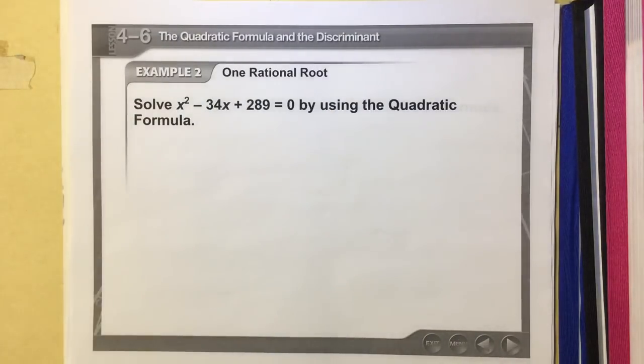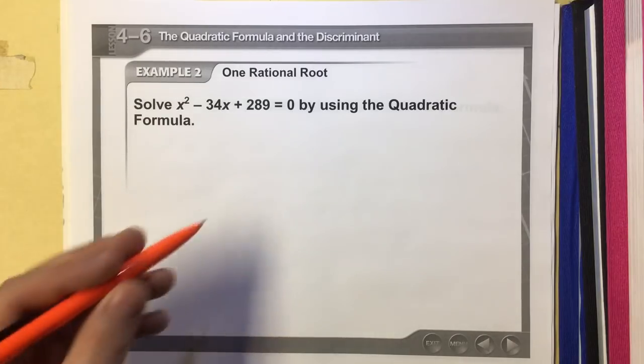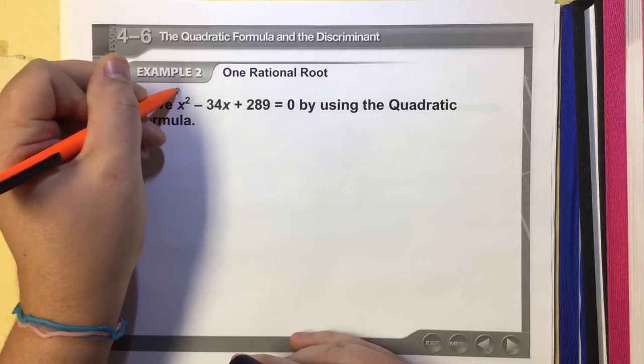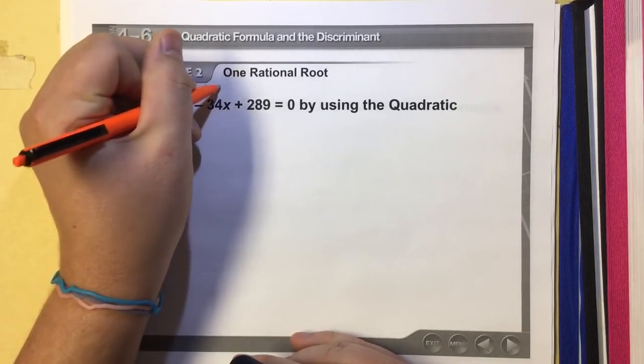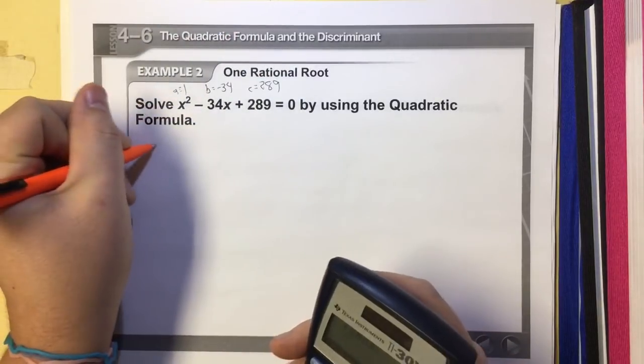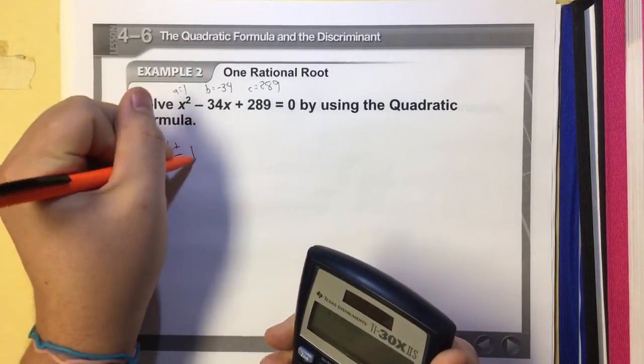Moving right along. Here we go. This one's already has everything on the same side. So we have a is 1, b is negative 34, and c is 289. So we have the opposite of b, plus or minus the root.